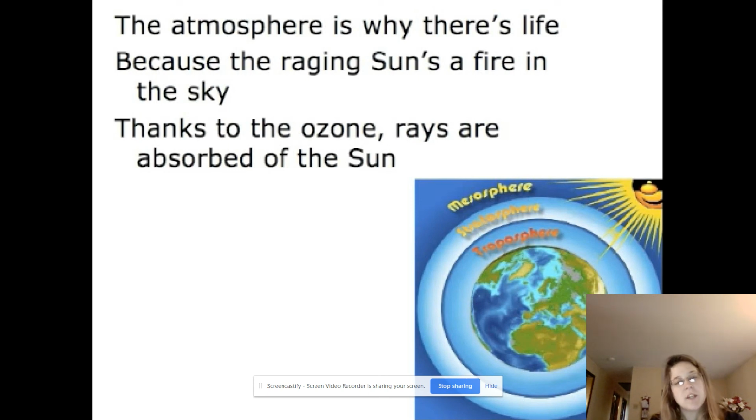Thanks to the ozone, rays are absorbed of the sun.